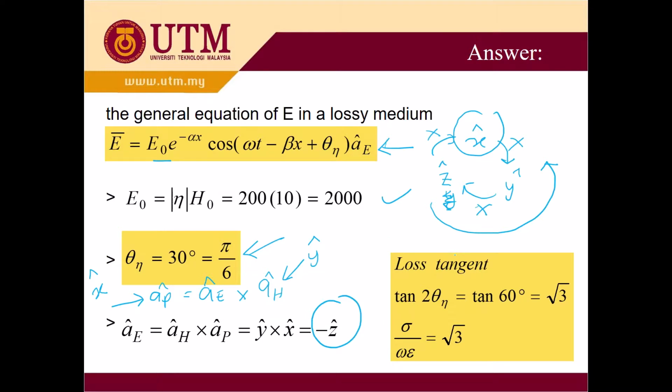The loss tangent, how to determine the loss tangent? Okay, the tangent of theta n equal to tangent 60 equal to sec 3. And then we know the tangent of theta n equals sigma divided by omega epsilon, equal to sec 3.